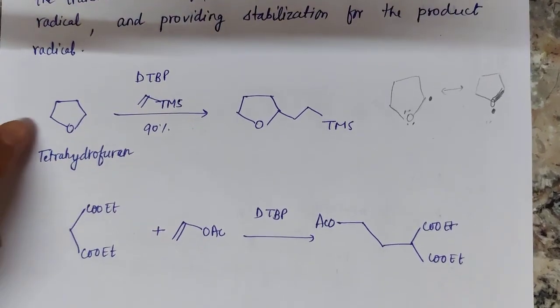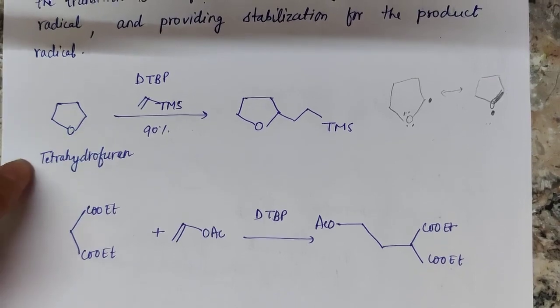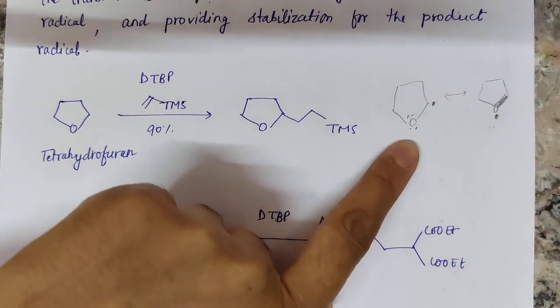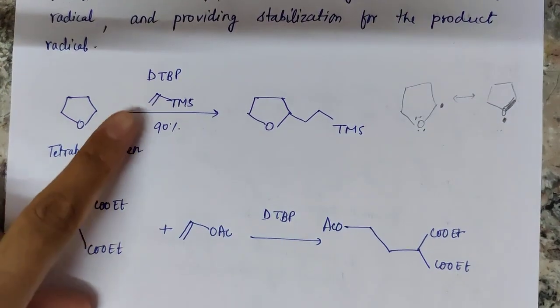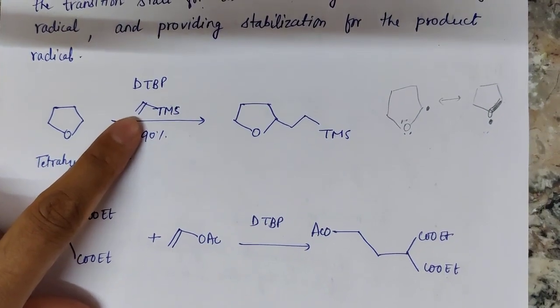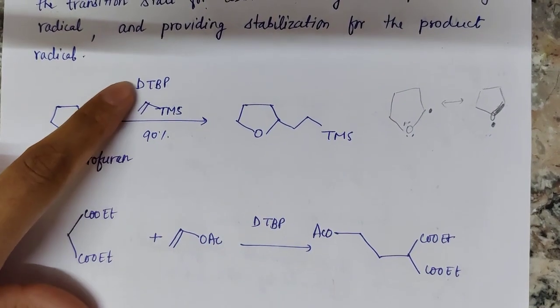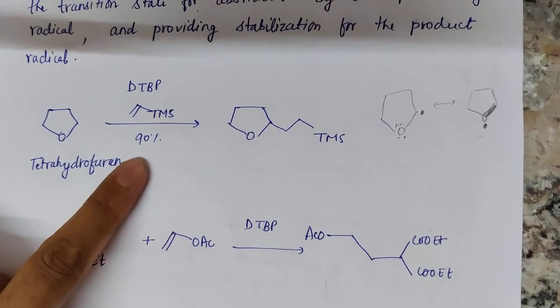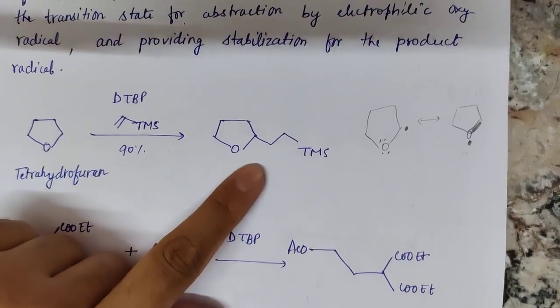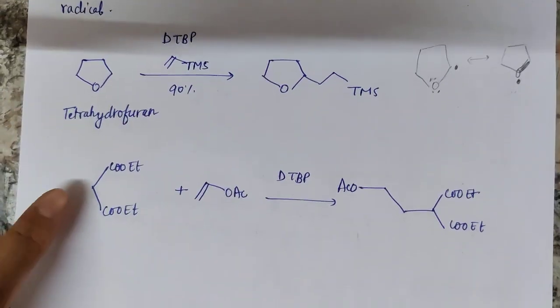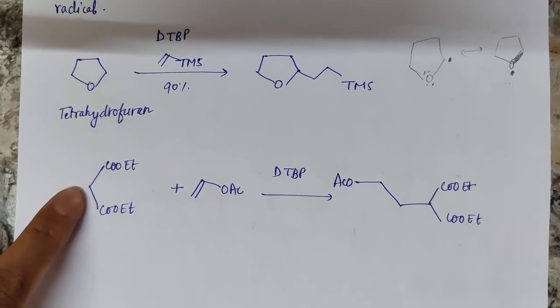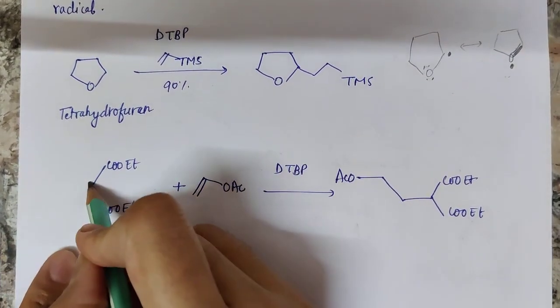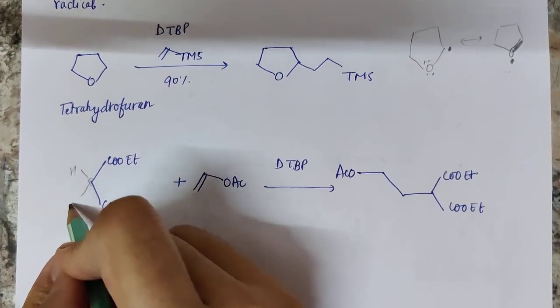Now if we look at the reaction, this is tetrahydrofuran. This kind of radical formation will take place, and if we combine it with this compound in presence of DTBP, 90% yield is obtained and addition product is obtained. Now if we talk about this, again this is carbon with two hydrogens.